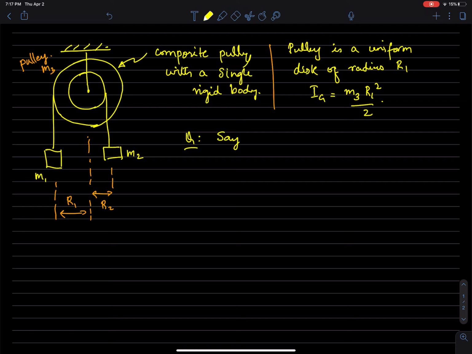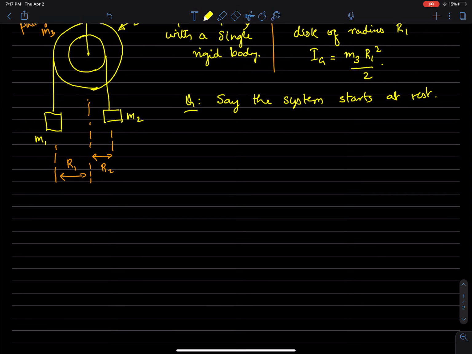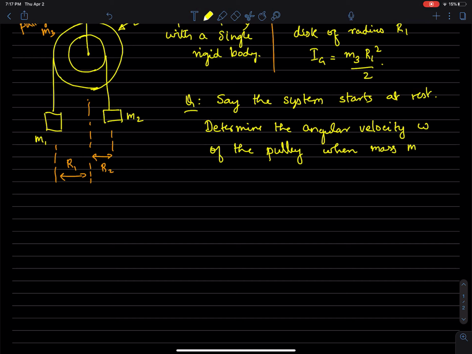Say the system starts at rest. Then determine the angular velocity omega of the pulley when mass M1 has descended by height h.